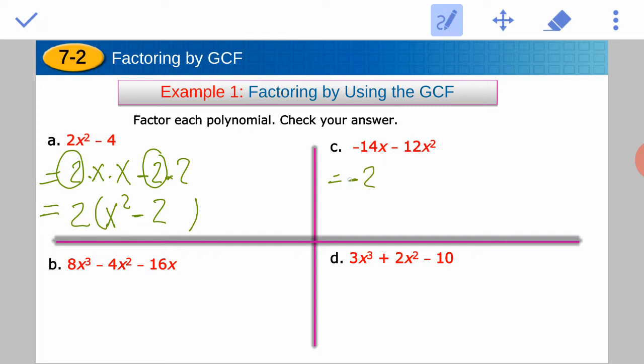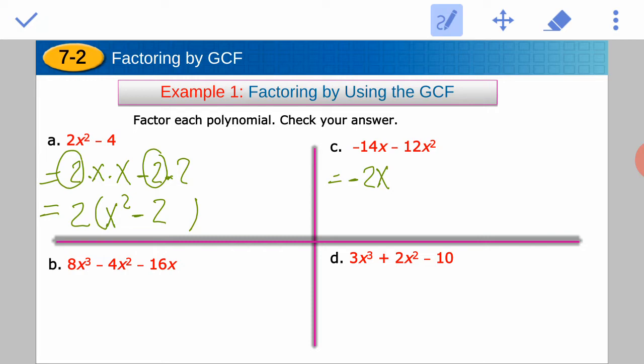The negative sign is common, so we take it out, and the GCF of 14 and 12 is 2. For the variables x and x squared, we take the variable with the least power, so we take x. So the common factor of negative 14x and negative 12x squared is negative 2x.